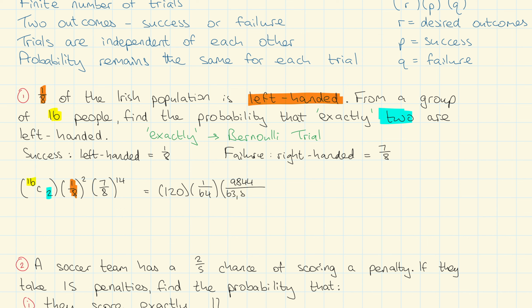over 63,835. Okay, so those 3 brackets into the calculator. We have 9,844 over 63,835 gives back 7,383 all over 25,534.